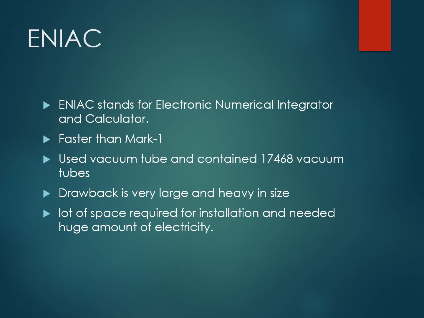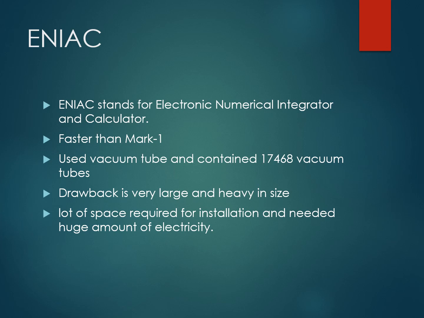ENIAC stands for Electronic Numerical Integrator and Calculator. These computers were way faster than Mark I. The increase in speed was the result of the invention of the electronic valve or vacuum tube. ENIAC was developed by John Mauchly and J.P. Eckert of the University of Pennsylvania.